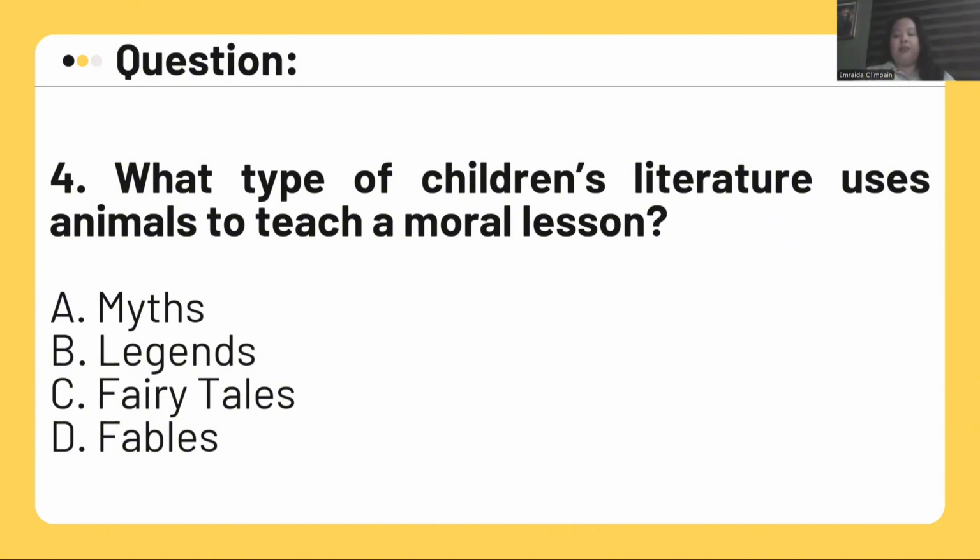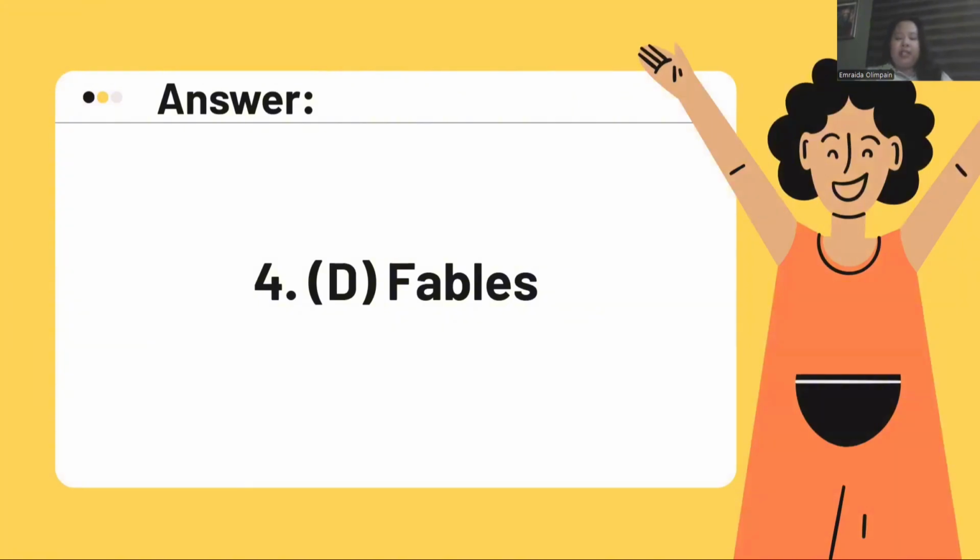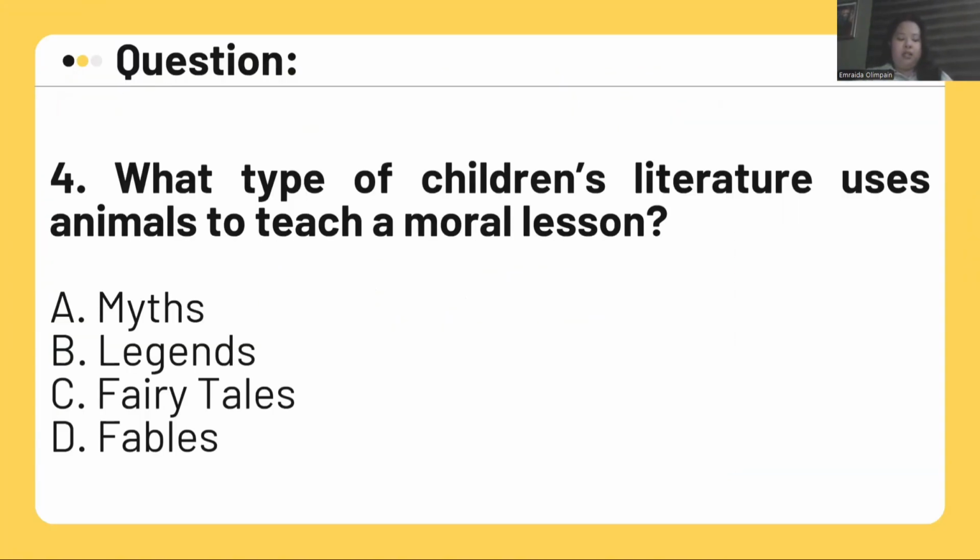Let's find out. So the answer for this question is letter D. So when we see myth, it explains the natural phenomena usually related with the gods and goddesses like Zeus, Athena, Poseidon, and etc. As for the legends, these are the semi-historical stories that revolve about the history itself.